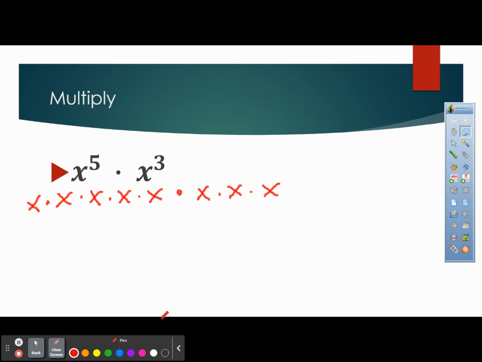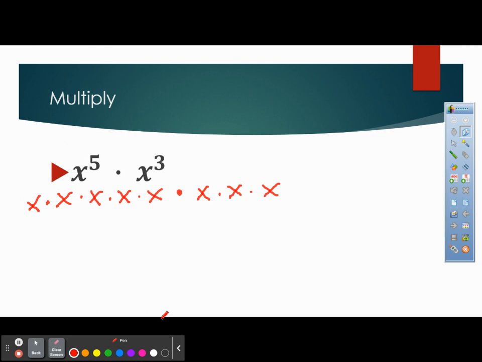I could easily just write that as what? Gavin? 5 times 3? No, not necessarily. Brianna, how would I rewrite this? We just took a test over it. Not quite. Caleb?